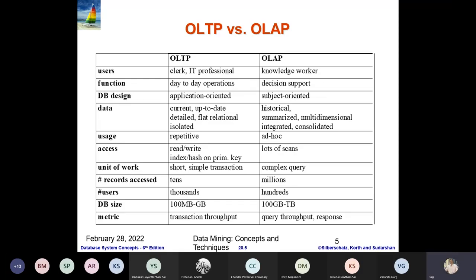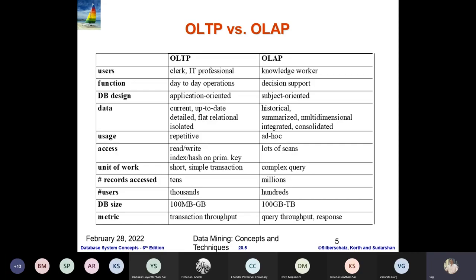With respect to OLTP, database sizes in case of OLAP are pretty high, terabytes, and people are now talking about petabytes of data, especially data involving weather monitoring and large scale climatic analysis and things like that. So it's a huge volume of data.